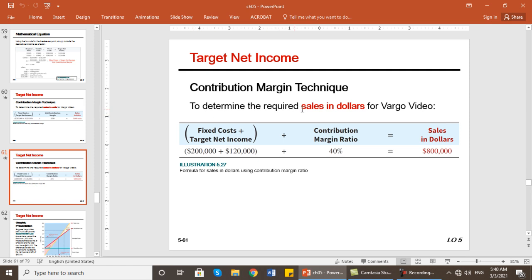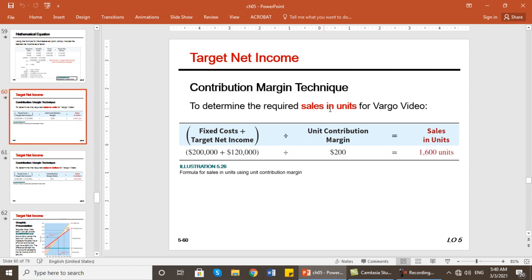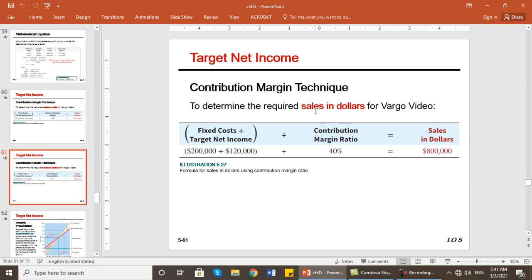Now, to determine the required sales in dollars, not in units: here in units we divide by unit contribution margin, but when we want to record sales in dollars, we divide by the contribution margin ratio. Contribution margin ratio is 40%, which is 200 divided by 500.